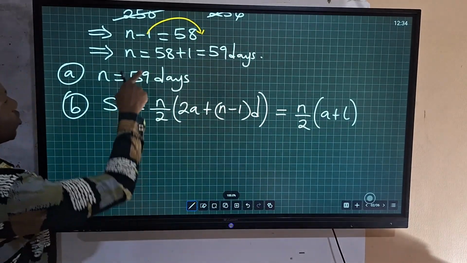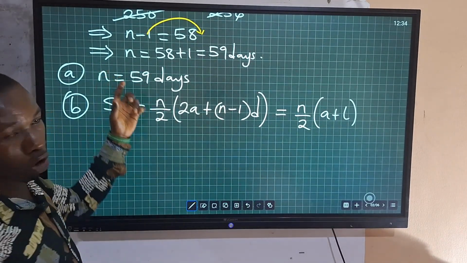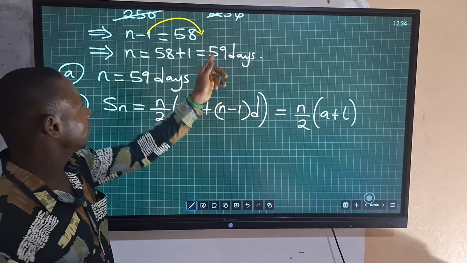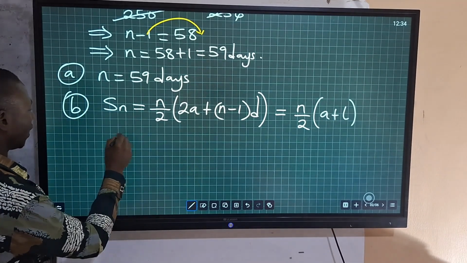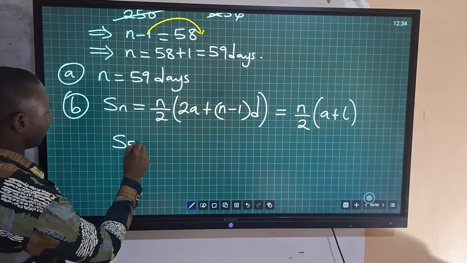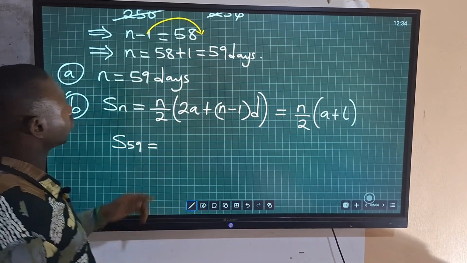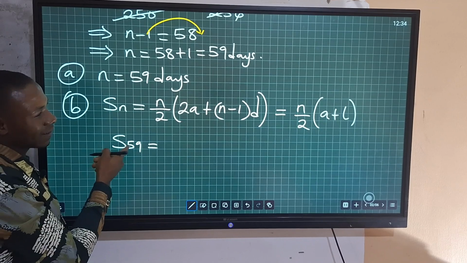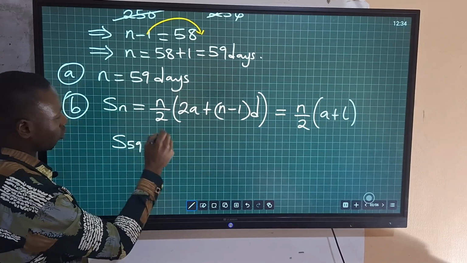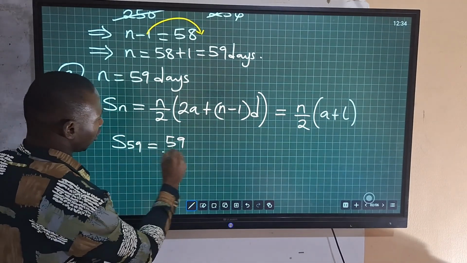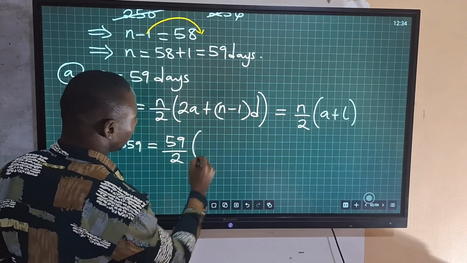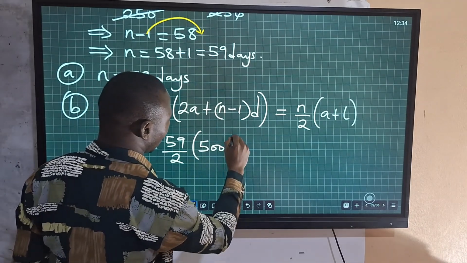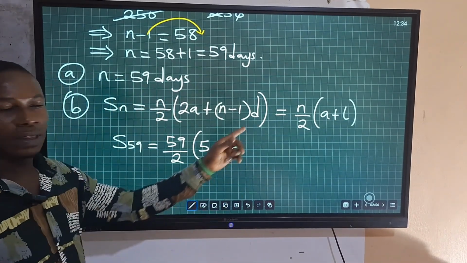So I will use this second formula. So we are looking at sum. We are adding from day 1 to day 59. So we have that S59 is equal to n. 59 is acting as n now. So we have 59 over 2 into bracket. First term is 500 and the last term is 15,000.